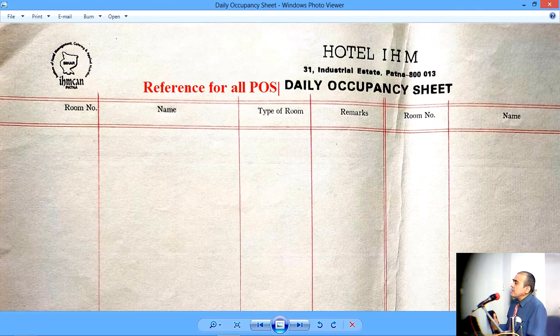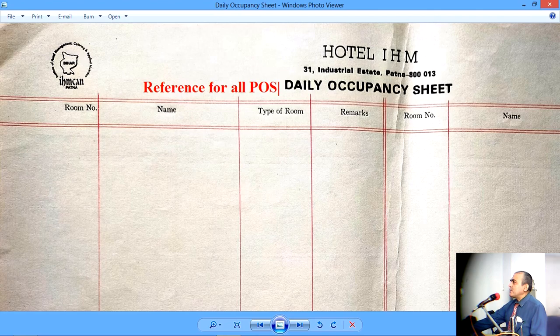In case the guest gives us their details and we are not able to find it in the daily occupancy sheet, then we are supposed to politely decline the request for credit purchase, and we'll say, sir, we could not locate your record in our documents, so we'll request you to kindly pay through cash or credit card direct. So this is the first use of daily occupancy sheet.